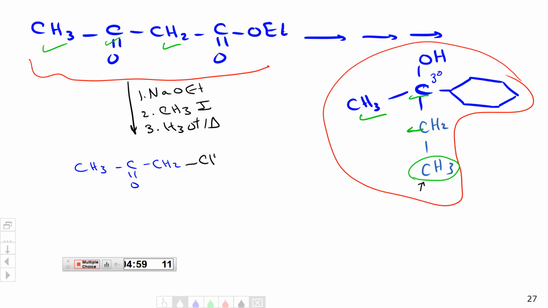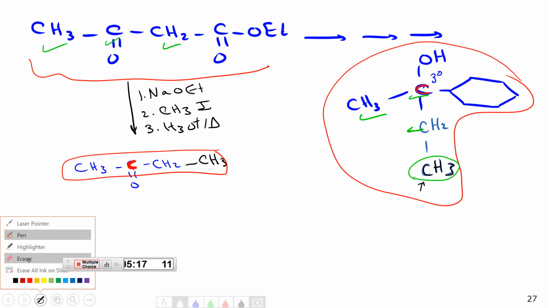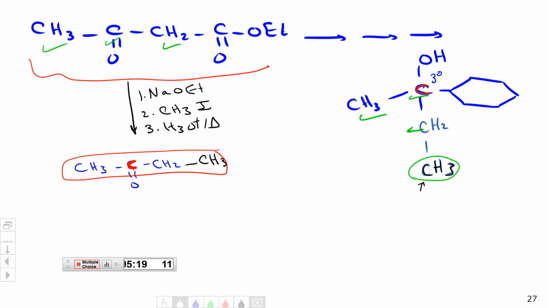And the methyl, which I want, if I want to map it, is this one in here. So comparing these two now, we know that the carbon of the carbonyl is now the carbon of the OH. So this in here is this in here.